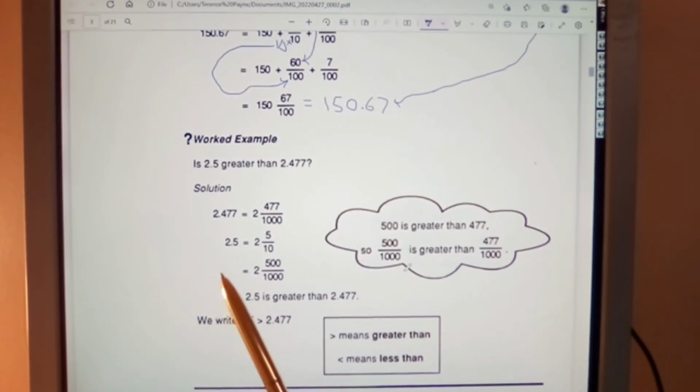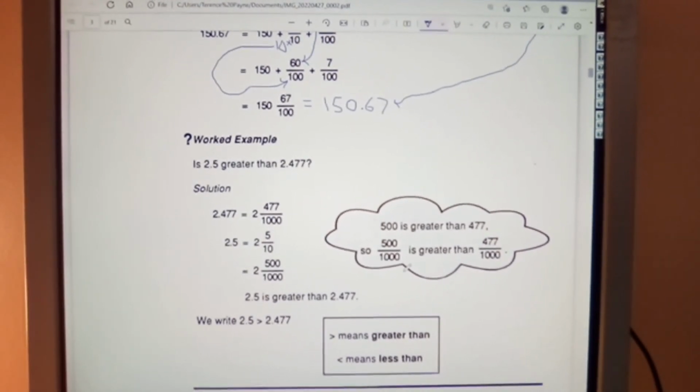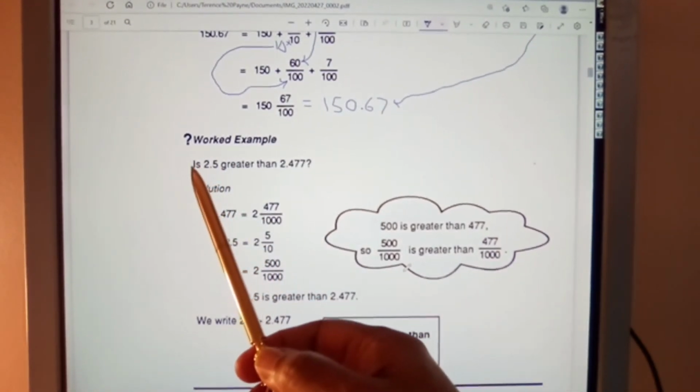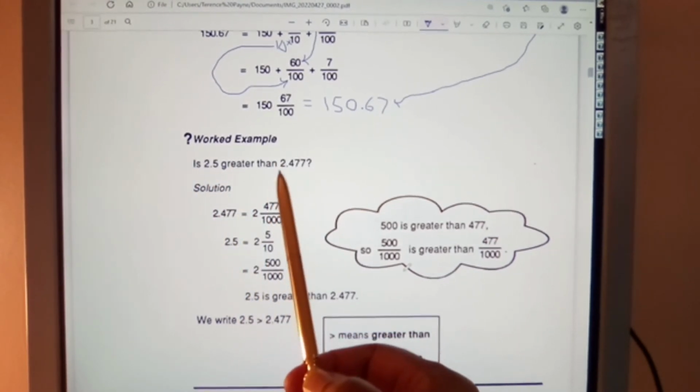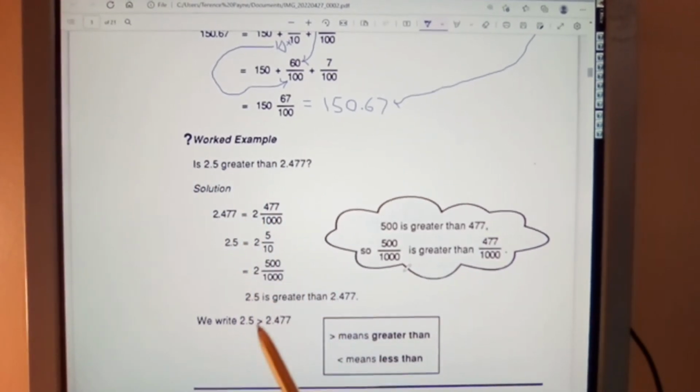So our answer then becomes, now actually we should be adding this as such, but sticking to the question, is 2.5 greater than 2.477? And the answer to that is yes.